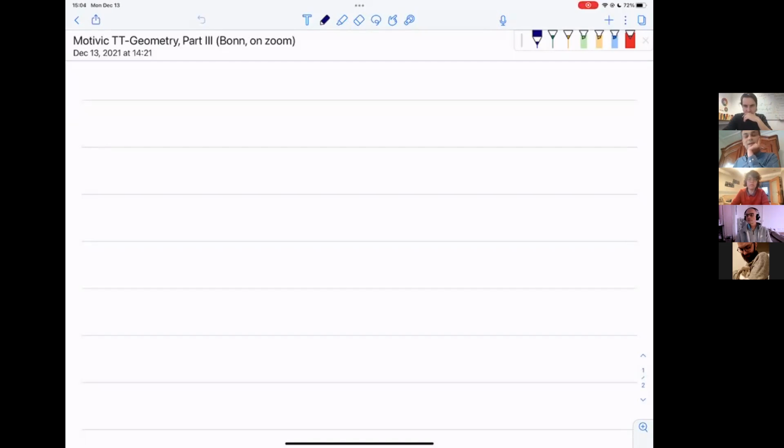Anyway, so what was discussed in parts 1 and 2, very quickly. I'm not going to redo any of that, but in very simple terms, the idea was to consider a tensor triangulated category.